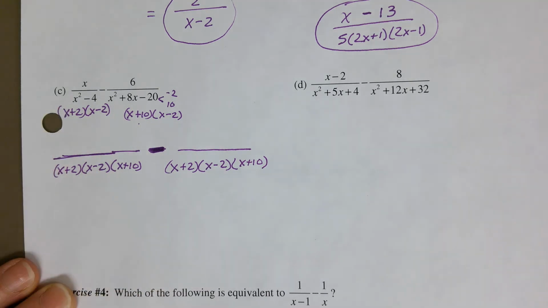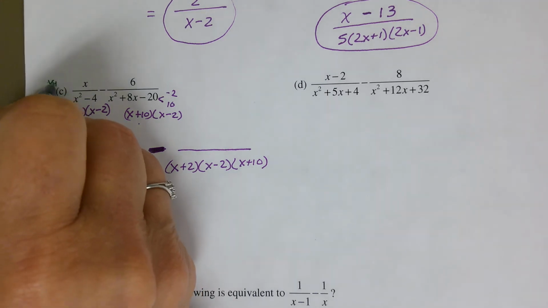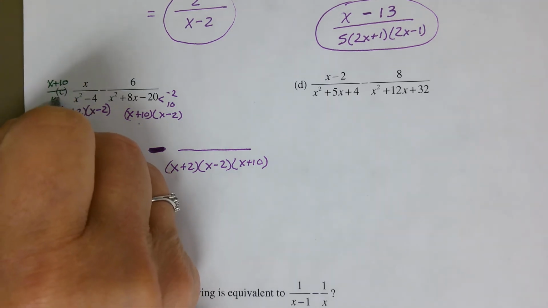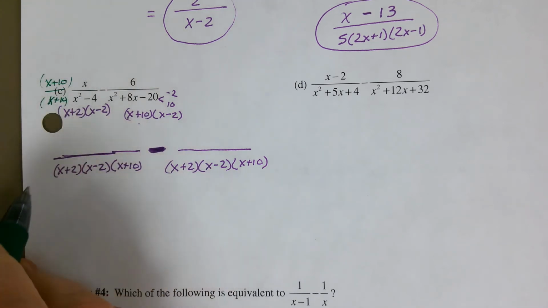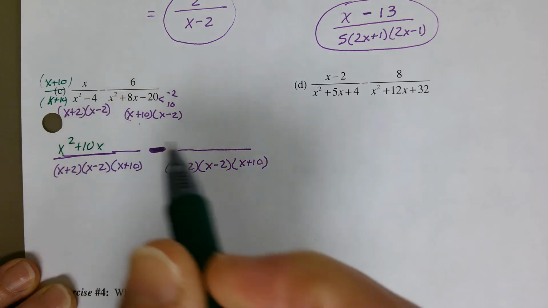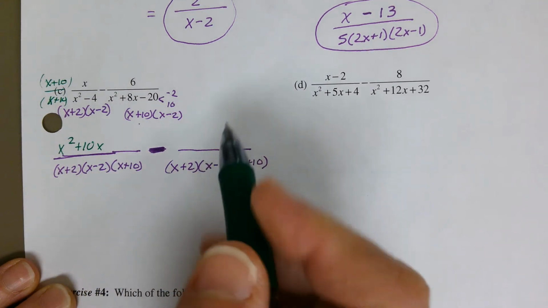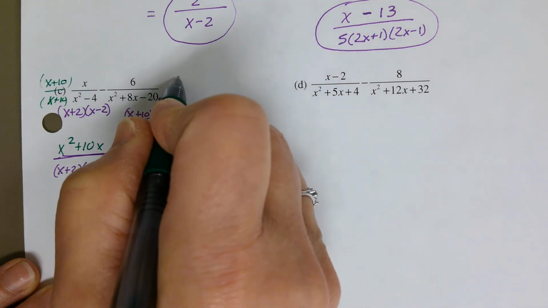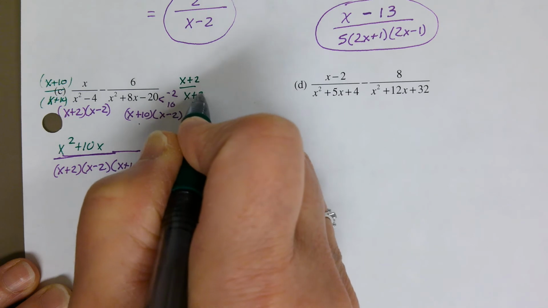We're multiplying our first fraction by 1 in the form of x plus 10 over x plus 10. And multiplying x plus 10 times x, we get x squared plus 10x. Multiplying our second fraction by 1 in the form of x plus 2 over x plus 2.